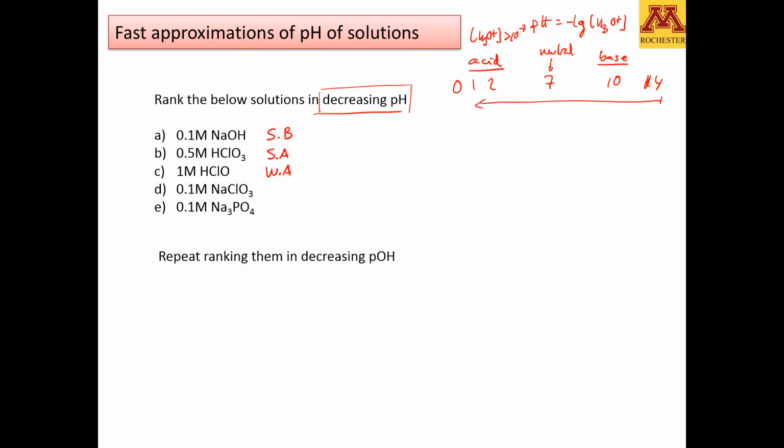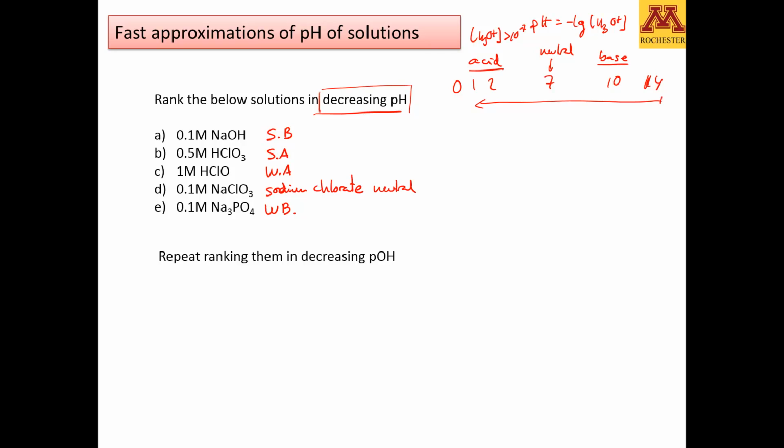I'm going to write it down so that you know what I'm talking about. Sodium chlorate is the conjugate base of a strong acid, therefore it is a neutral compound. It's neutral because it's a conjugate base of a strong acid, and sodium phosphate is the conjugate base of a weak acid, therefore it is a weak base.